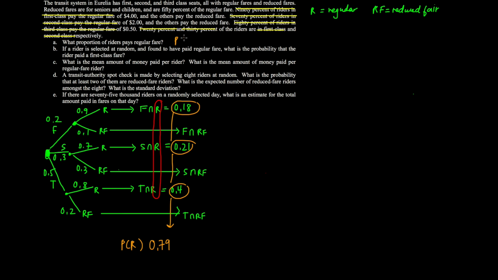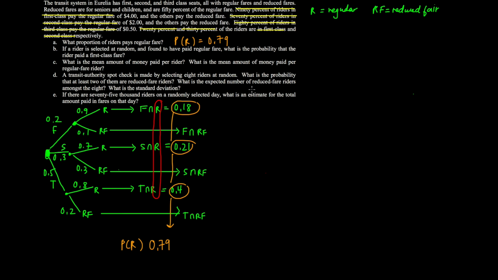We added up first class and regular fare, second class and regular fare, third class and regular fare, and what do they all have in common? Regular fare. So that's 79% of riders pay regular fare.